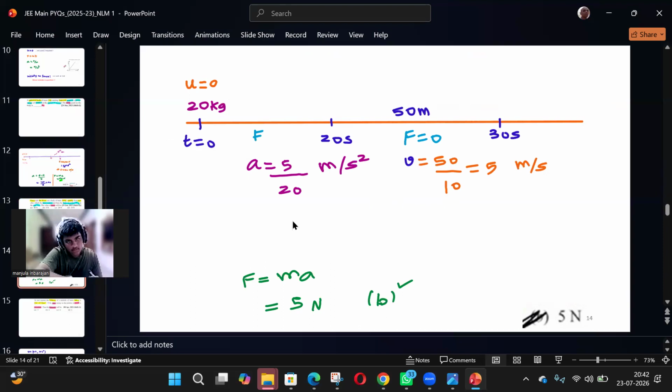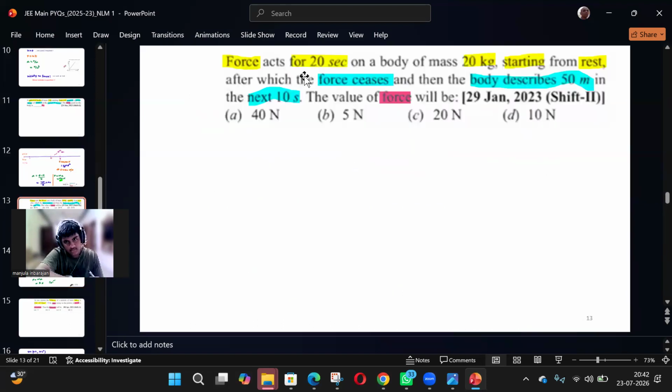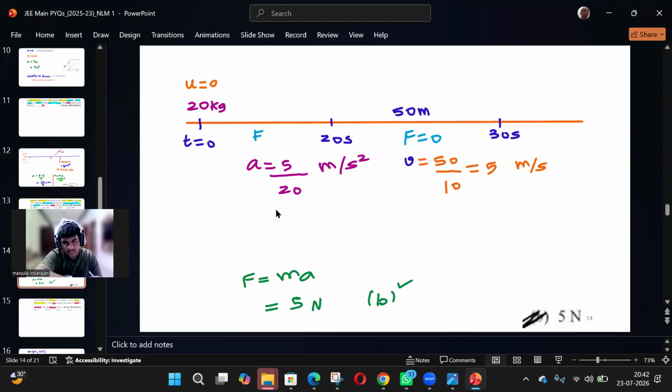So the acceleration is what they have given, 20 seconds and force. Here the initial velocity is 0. 50 by 10, we have to do, and we get 5 meters per second as velocity.